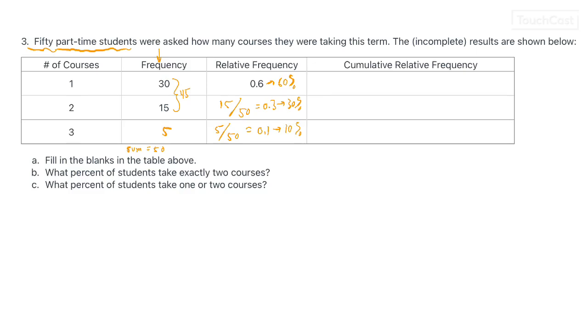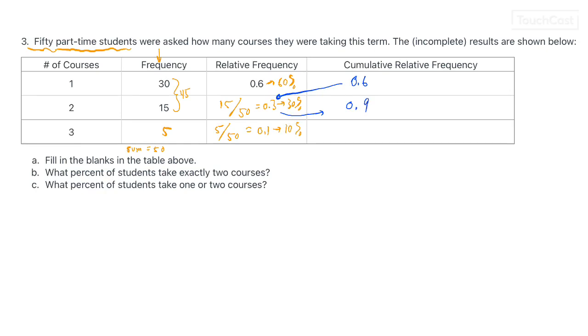Now the cumulative frequency is just adding these relative frequencies up as we go along. So for the cumulative frequency, we can look at the 0.6 as being our starting point right here, but now we can take the 0.6 and add the 0.3, which would give us 0.9.